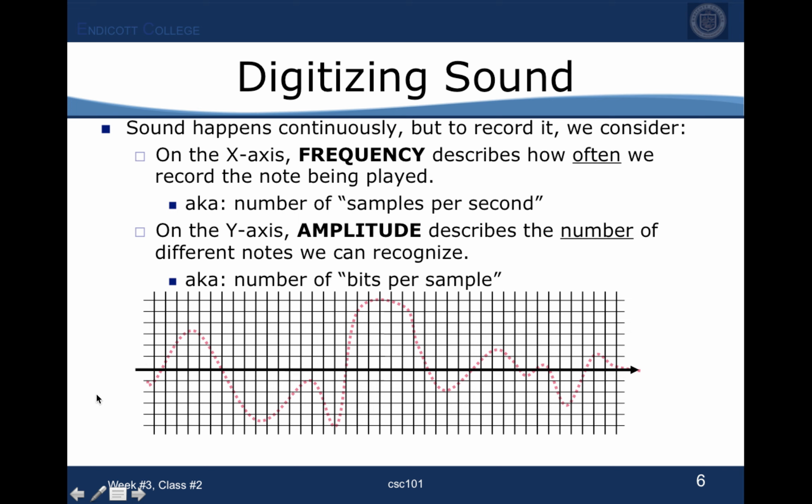So how am I going to record this pink wave? You can now see at least a strategy: start at the first frequency interval here and ask, what note is that? Record the code for that note, then go to the next one and ask, what note is that? Record that code.